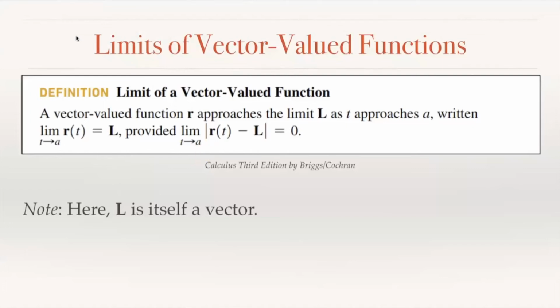And note that here, L is itself a vector, since a vector must approach another vector. So because of that, that means that this is really the magnitude of the vector. Specifically, the magnitude of the vector difference.